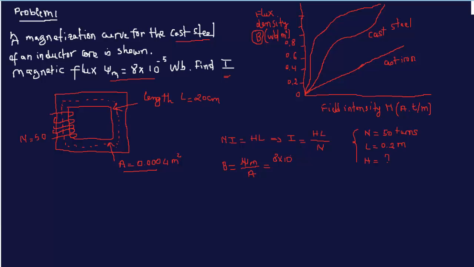So I just replace it and calculate B over 0.0004. Using the calculator, B is equal to 0.2 Webers per meter squared.